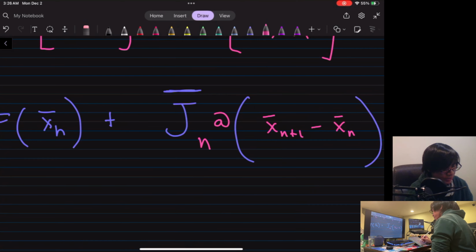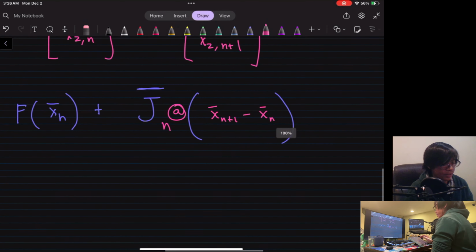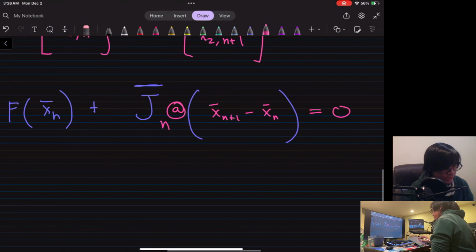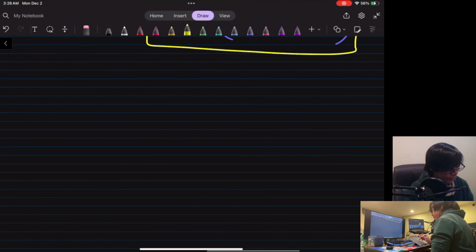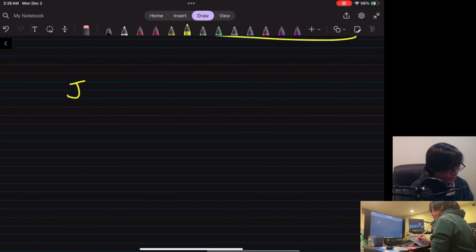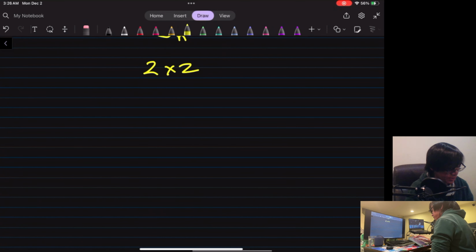And of course, this is a matrix multiplication. And this is all equal to 0. So that's a representation of what we're looking at here. We have the Jacobian at the current iteration, so that is a 2 by 2. So let's write this out.